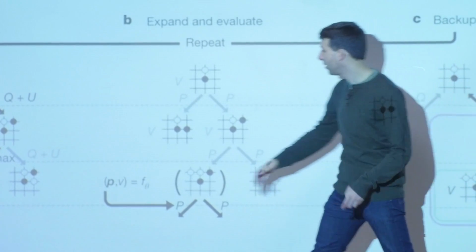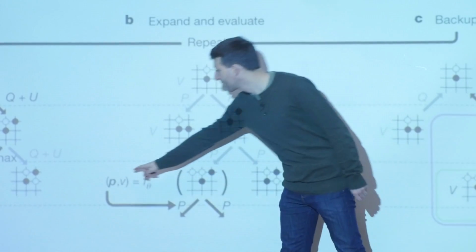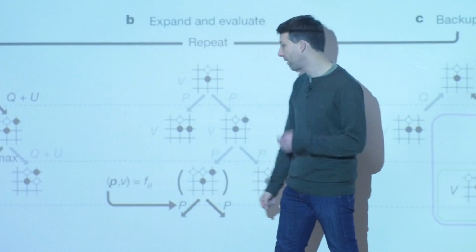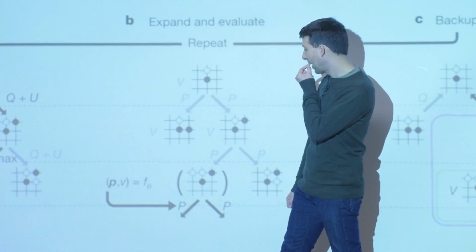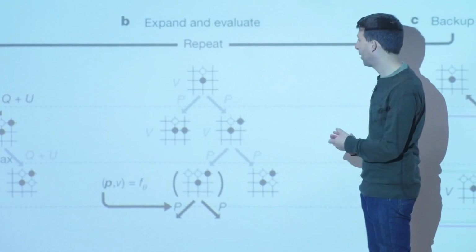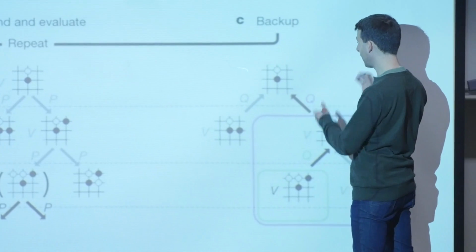So we evaluate it using our policy network and our value network to give us move probabilities from our policy network and a value from our value network. And you only need to do that once per simulation. And once you've got that, you back up those values.